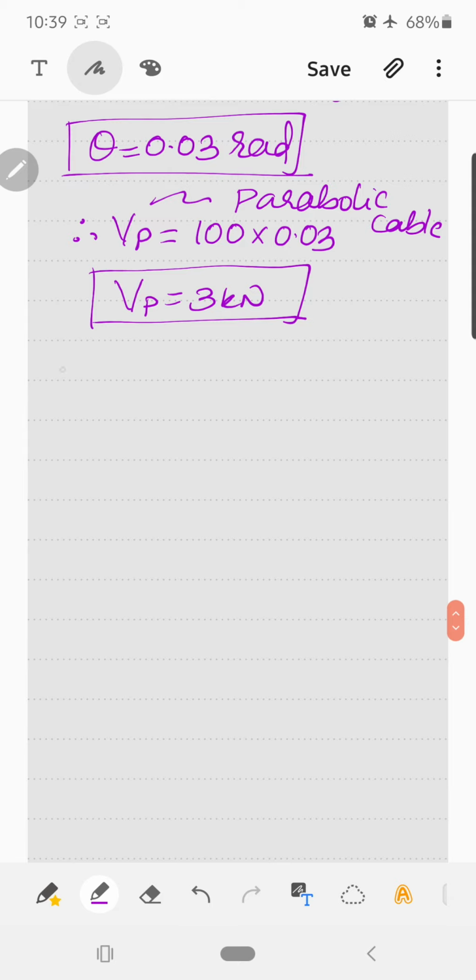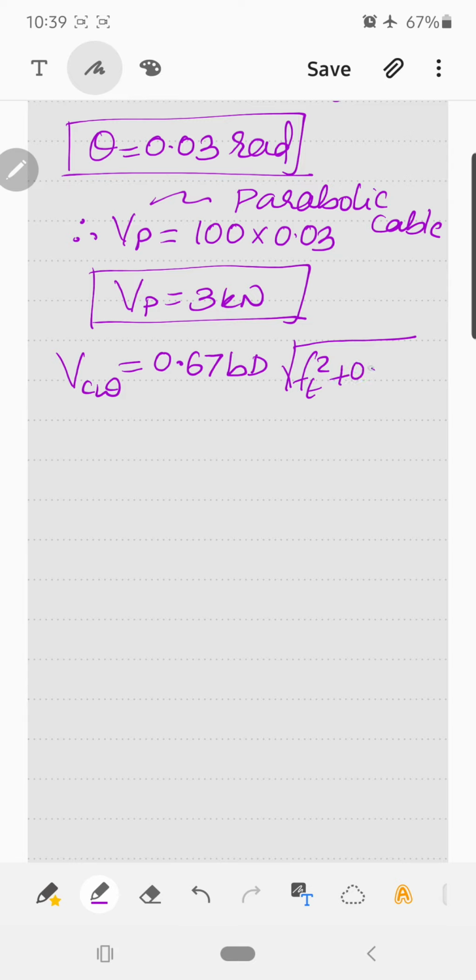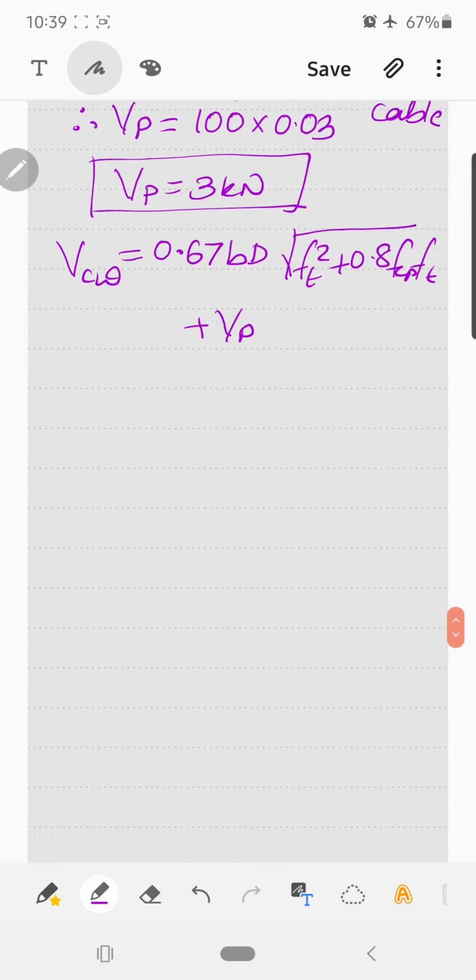Or directly you can take it in the formula as we have taken in the second video. So the formula is VCW, again web shear failure, since moment is not mentioned. It is 0.67 b into d, root of Ft square plus 0.8 FCP Ft, plus the VP value, you can put it here.